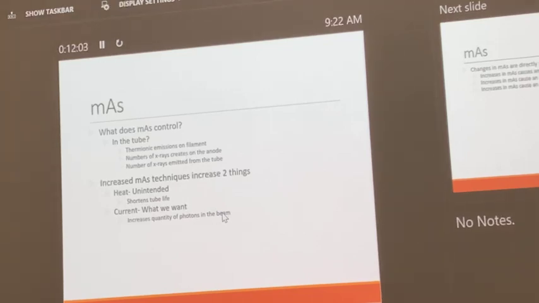So increased mass techniques increase two things. Heat is unintended, so we have to deal with that because it shortens tube life. That's why we have the rotating anode. That's why we have the fan system, and it may just be a bellows system inside of the tube housing, right?